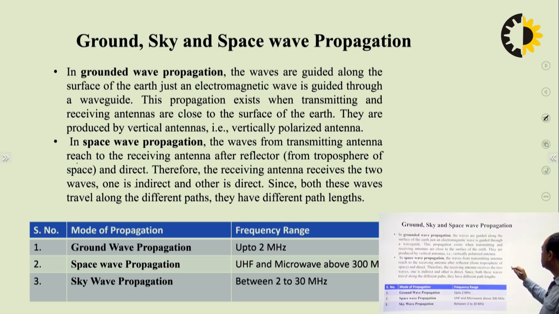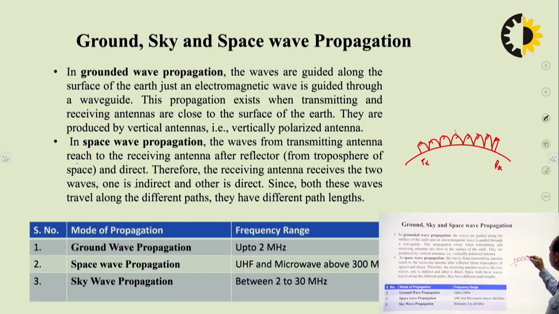So let's suppose this is the earth and this is the transmitting antenna, the antenna that is going to transmit the signal, and this is the receiving antenna, the one that receives the signal. The wave follows the surface of the earth, using it as one wall of the medium, to reach the receiving place.